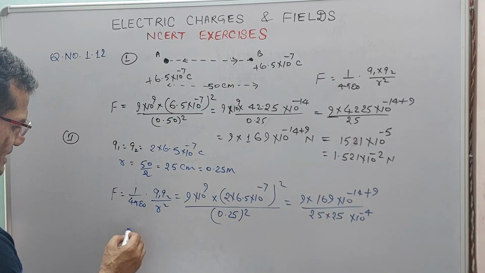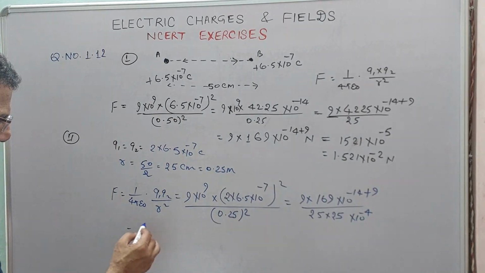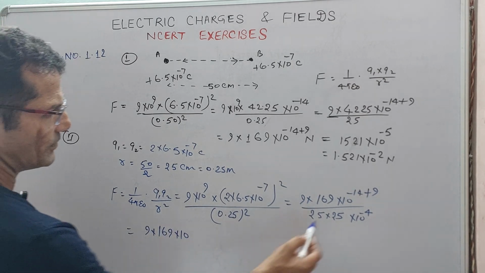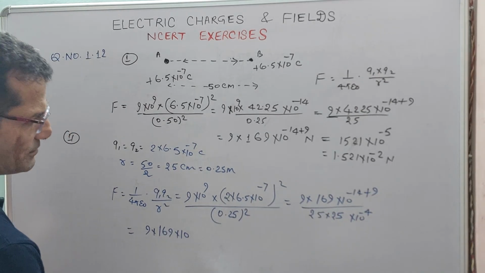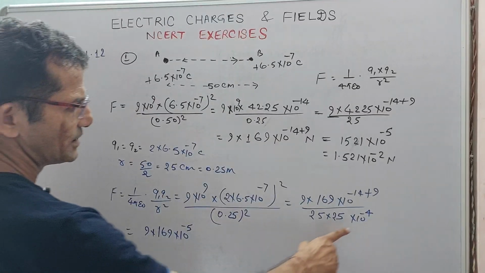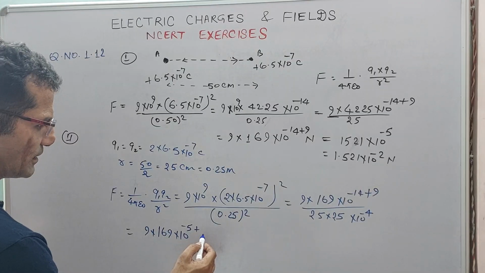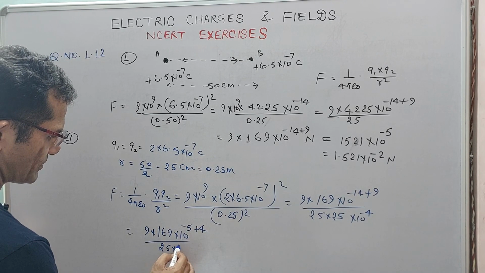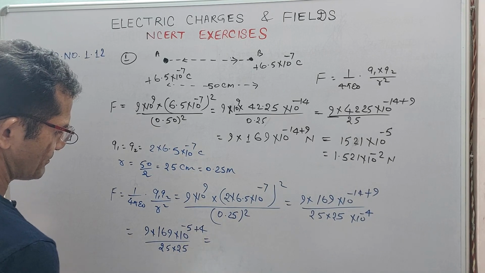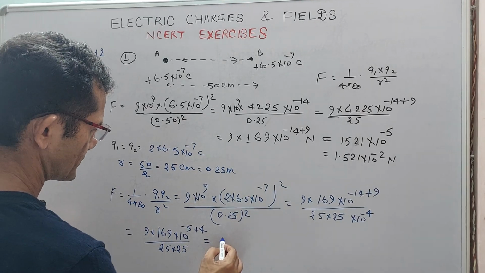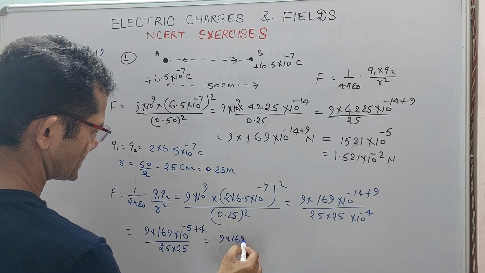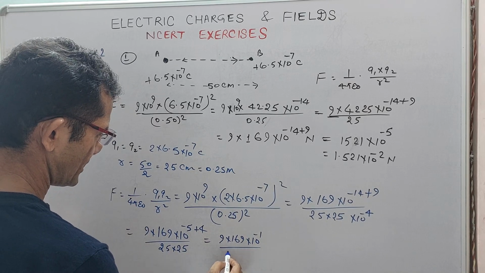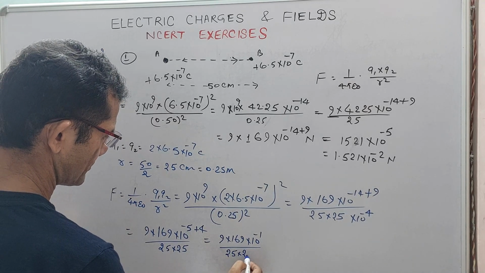Now if you simplify this expression, so 9 into 169 into 10 raised to minus 14 and 9 is minus 5. Minus 5 minus 4 is coming from the denominator, divided by 25 into 25. So now if you divide this one, 9 into 169, 10 raised to the minus 1, and 25 into 25.